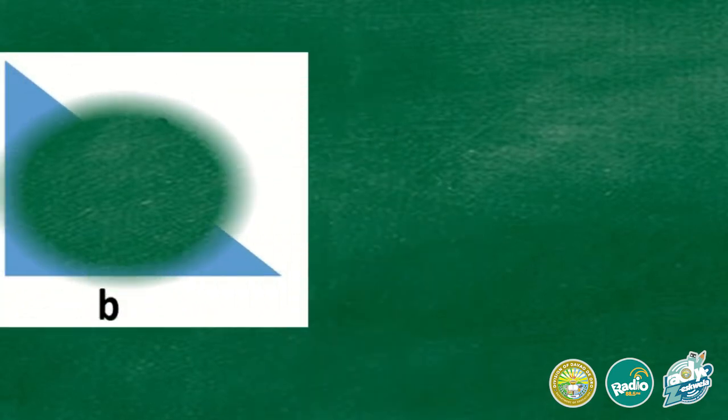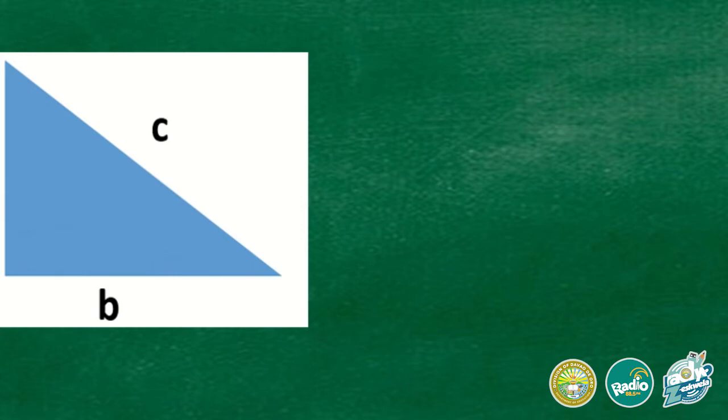Example: you have a right triangle. The legs have the measurements of 3 and 4, while the hypotenuse measures 5. If we were to use the formula a squared plus b squared equals c squared, we need to assign these values to the variables in the formula.